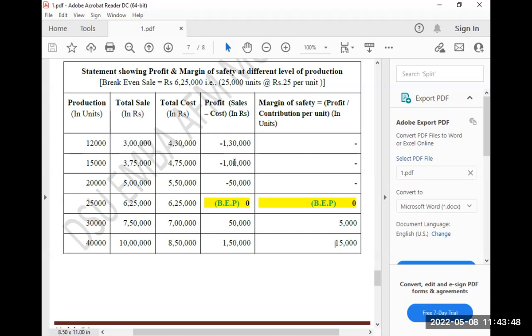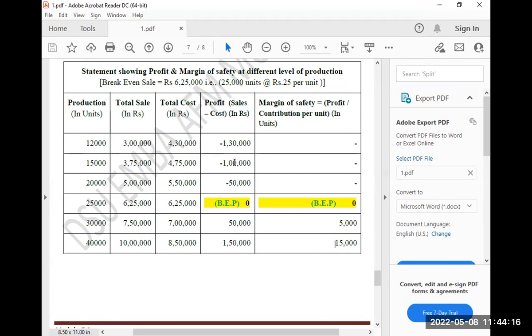Your variable cost is 15 for 1 unit. There are different levels of units. So 12,000 units into 15, 15,000 units into 15, 20,000 units into 15 rupees, 25,000 units into 15 rupees, last but one 30,000 units into 15 rupees, last one 40,000 units into 15 rupees. Calculate the variable cost.